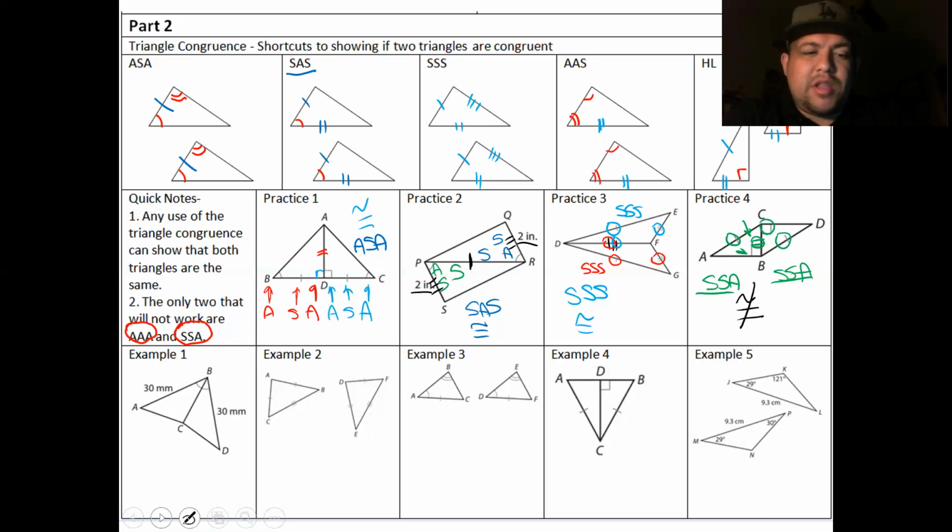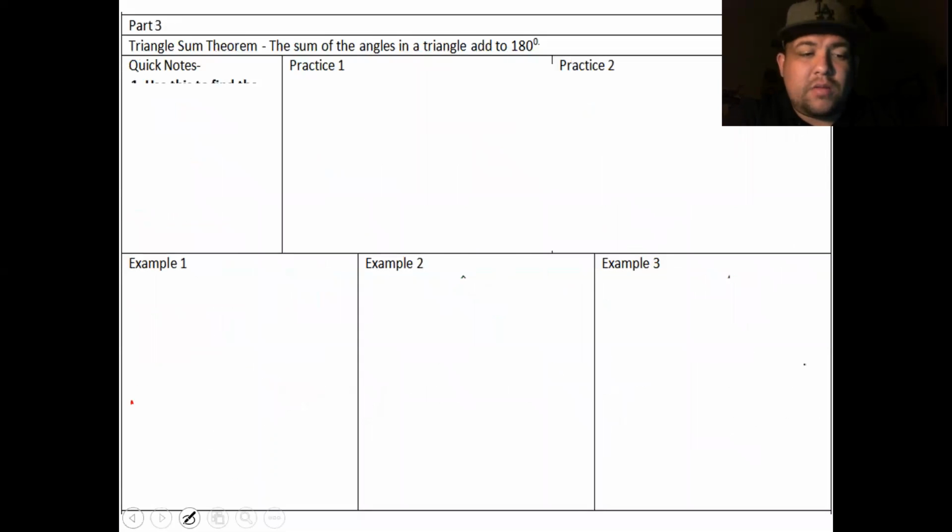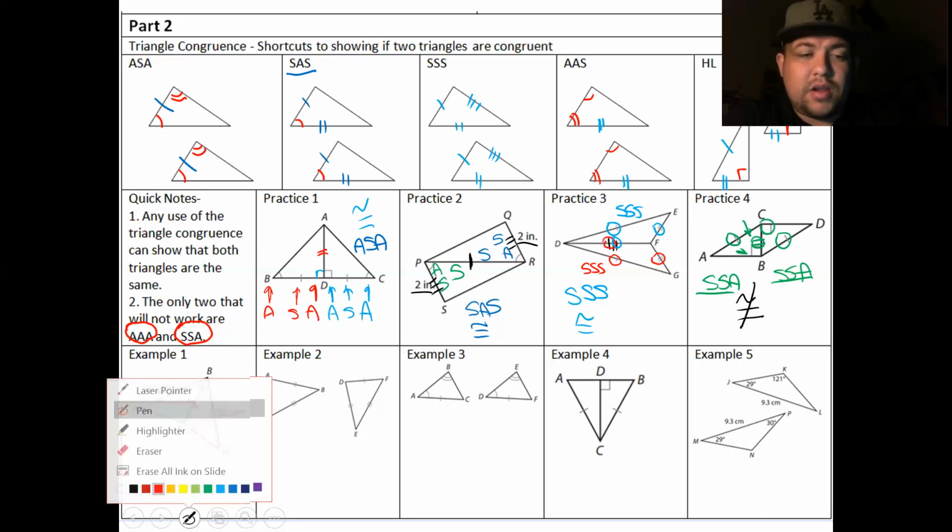Looking at example number 1, I have a 30 millimeter, so those sides match up. I know that I have an angle that matches up, and I know that CB is the same with that. Okay, sorry.